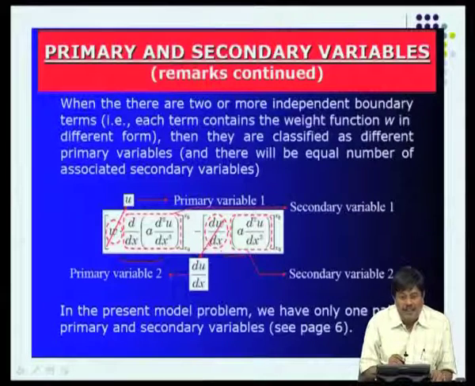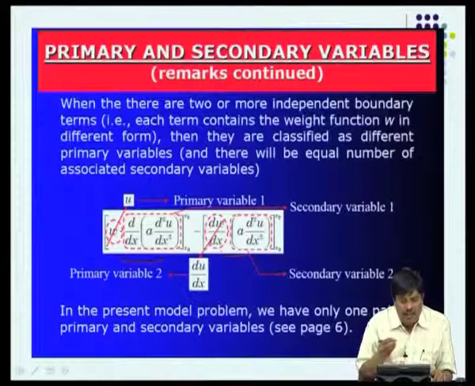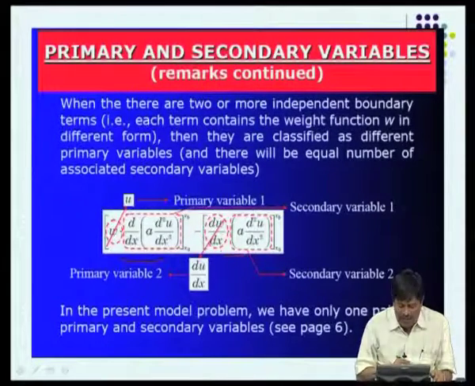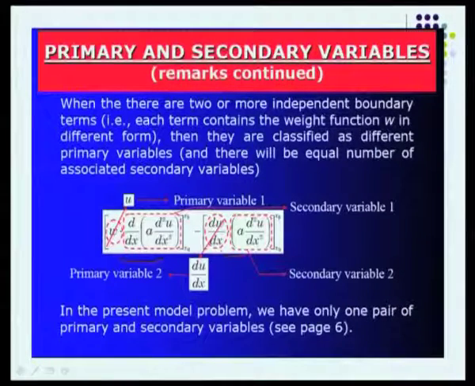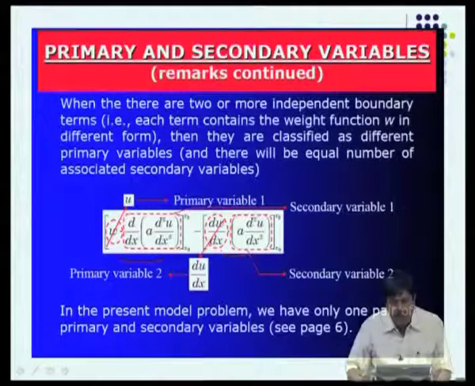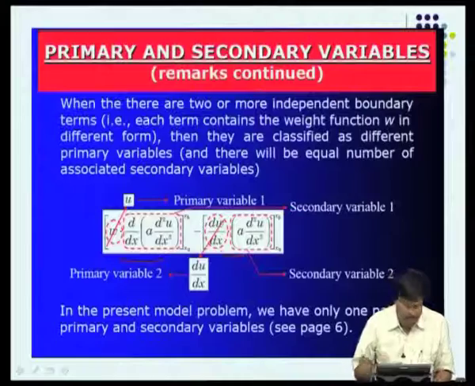Then there will be two primary variables and two secondary variables for this problem. However, in the present model we have only one pair of primary and secondary variable, that is u and A du by dx.